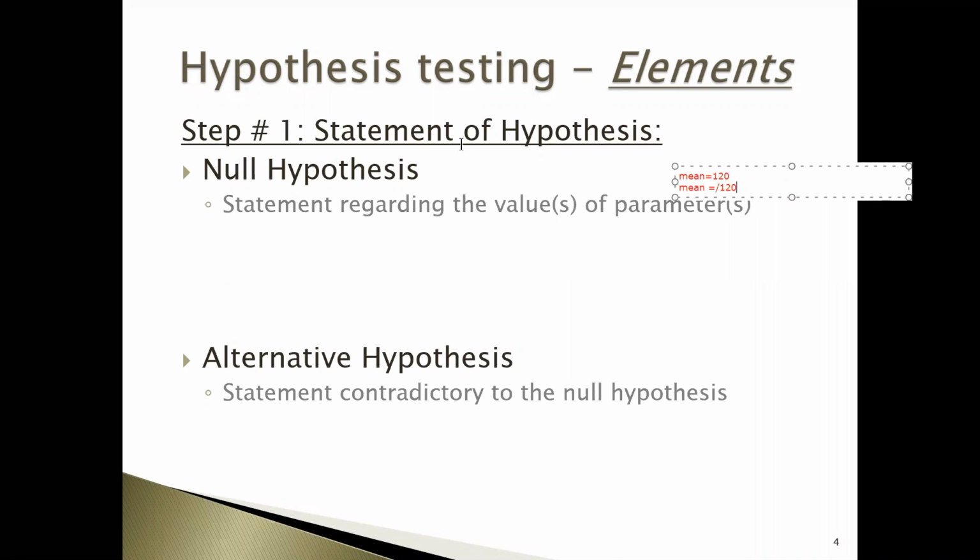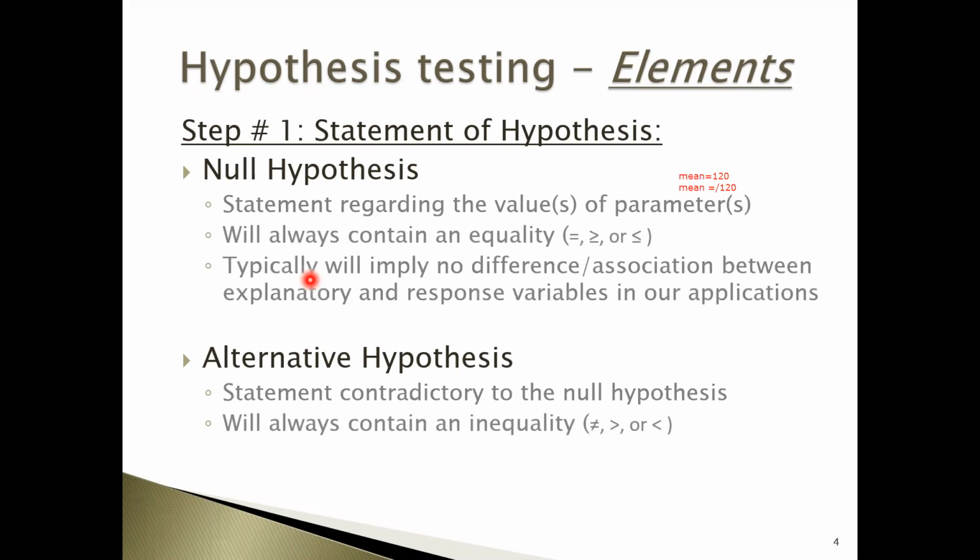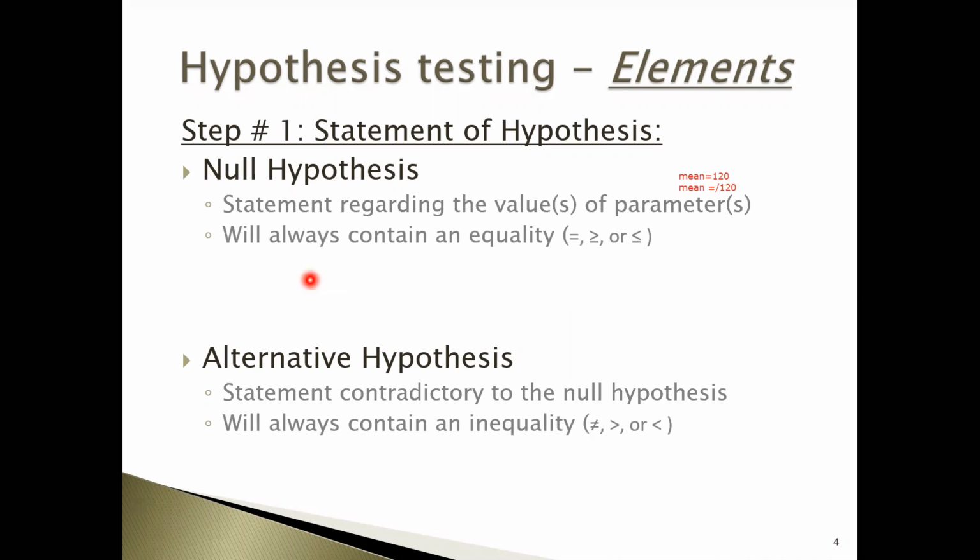There is one more clue to identify the null and alternative hypothesis: the null hypothesis always contains an equality, and the alternative hypothesis always contains a non-equality. In our example, the mean is equal to 120 will be our null hypothesis, while the statement that the mean is not equal to 120 will be our alternative hypothesis.